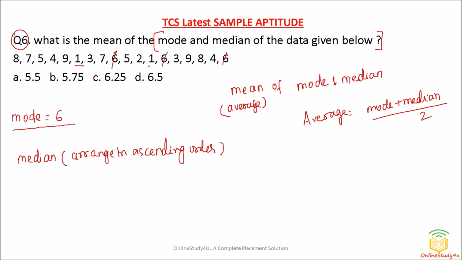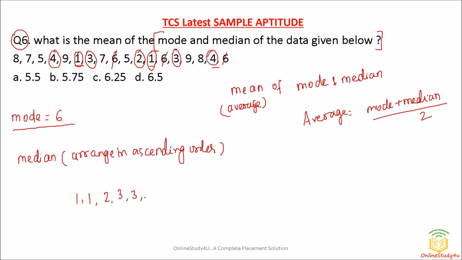So we have 2 ones, so 1 comma 1, and we will mark it also with a circle. That means we have covered, okay. Then 2, so we have only one 2 covered, okay. Then 3 is 2 times covered. Then 4, so I could find two 4s, okay.